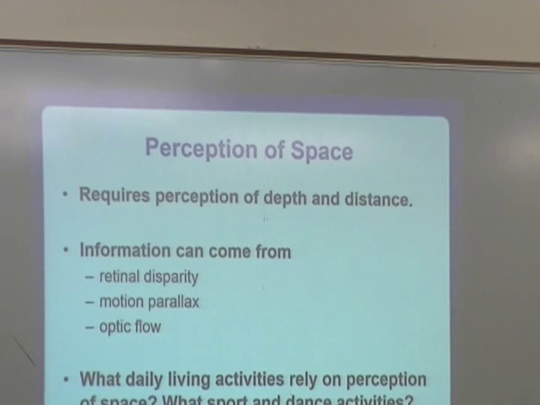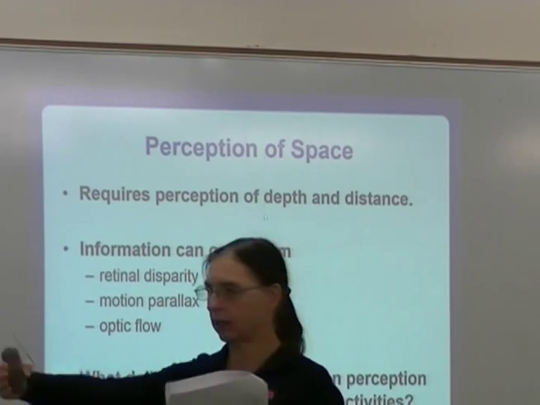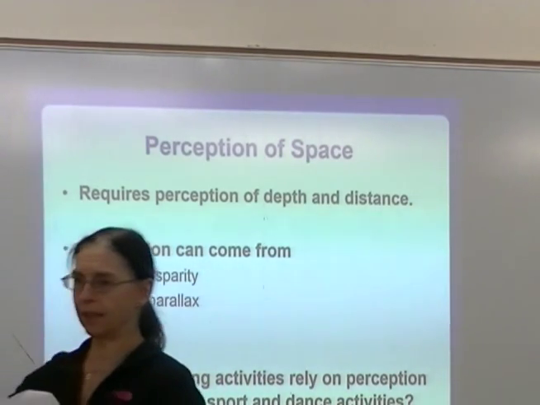Optic flow is the change in the pattern as you move forwards and backwards. So the pattern of where it's hitting on my retina changes as I get closer to something and as I get further away.